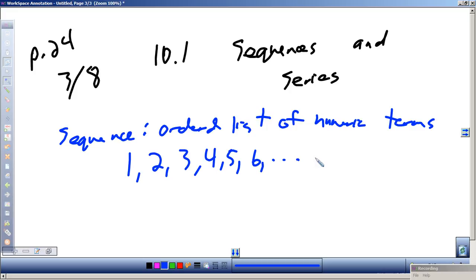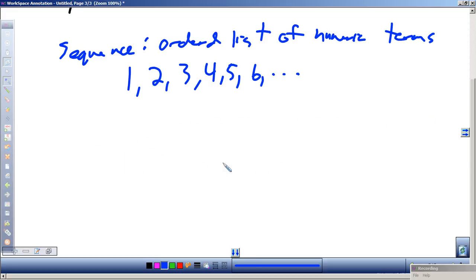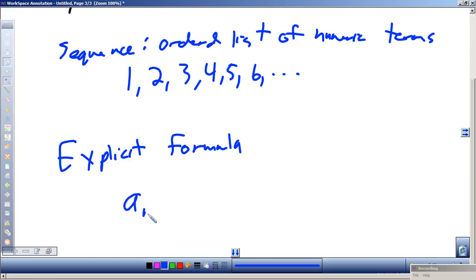Now, we've got two types of formulas we use to describe these: explicit and the recursive. With an explicit formula, if you plug in n, it will tell you what the term is. So an example: a_n equals 5n minus 2.